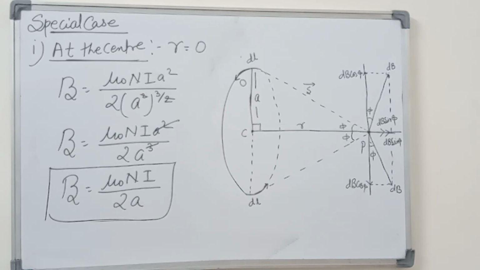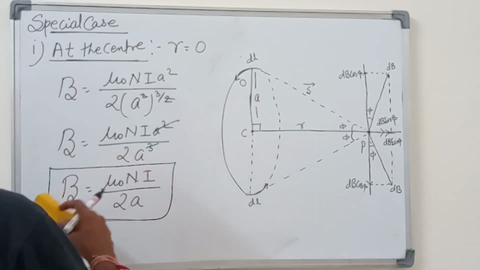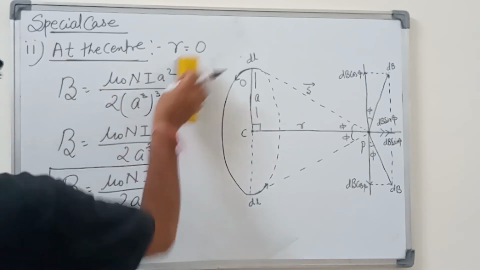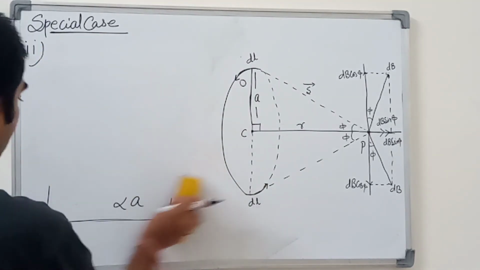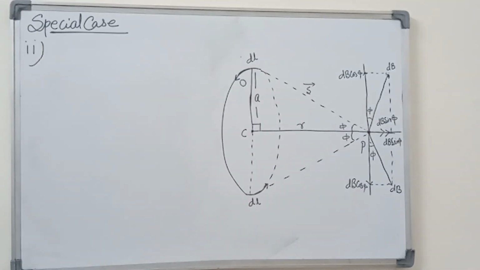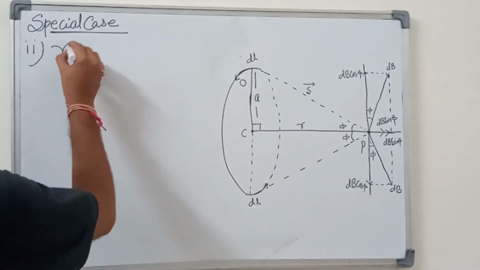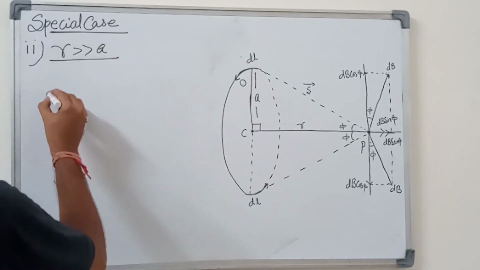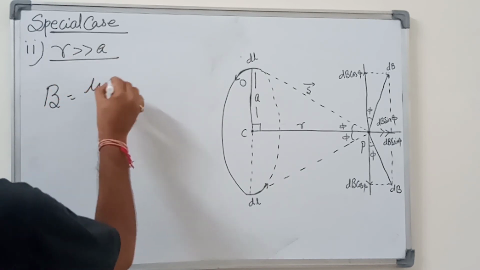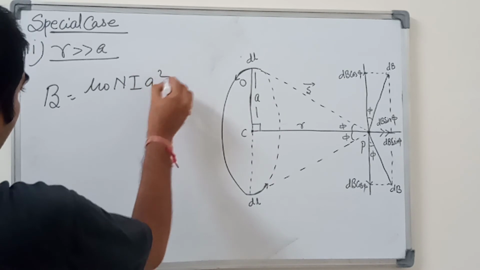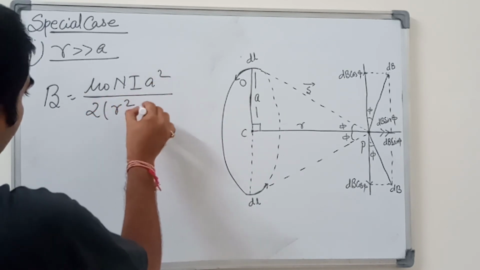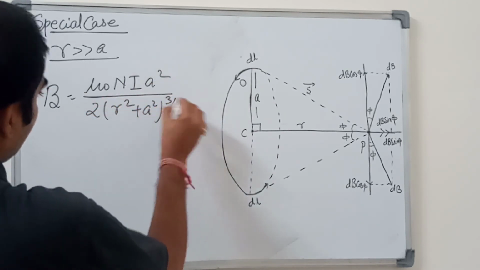And next case, r is much greater than a. It means the axial point lies at a far distance. Point P is at a far distance. So in the second case, r is much greater than a. So magnetic field B is equal to mu 0 n I a square upon 2 (r square plus a square) to the power 3 by 2.